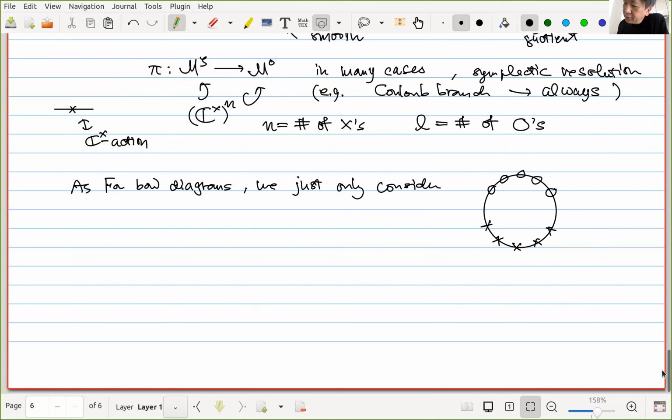In fact, this is not any loss of generality, by the so-called Hanany-Witten transition.